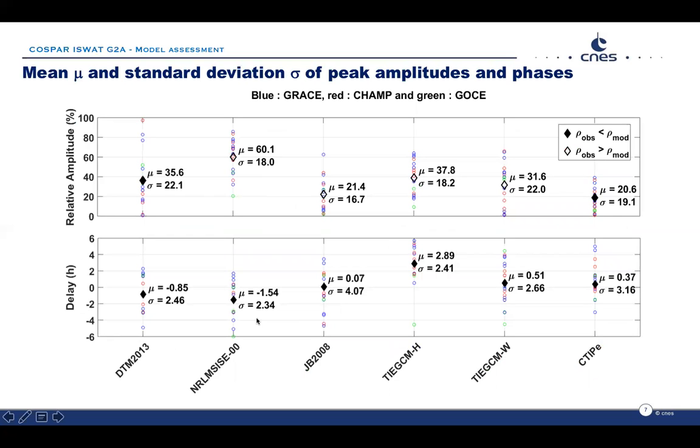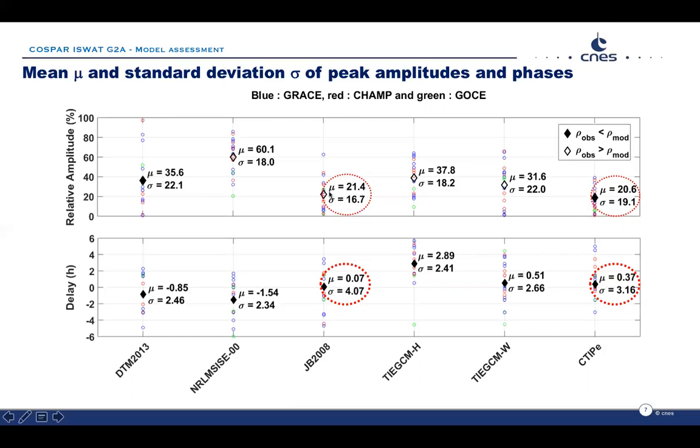The final result, so we have the relative amplitude error and the delay at the bottom. Here, the results are a little bit different. You see that the smallest mean error in amplitude is obtained with JB08, as well as the best timing of the peak, 0.07 hours on average off, but with large spread.